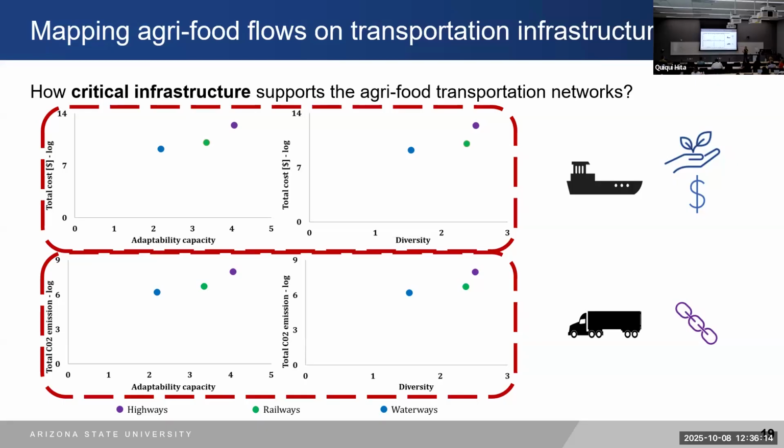You have multiple alternative routes between any origin and destination. Yes, it can take more time and more money, but still you can deliver the supply to the demand. And also, each of these paths carries similar amounts of agri-food, so we don't have a Mississippi River that does almost the entirety of the job of sending all the supply to all the demand.